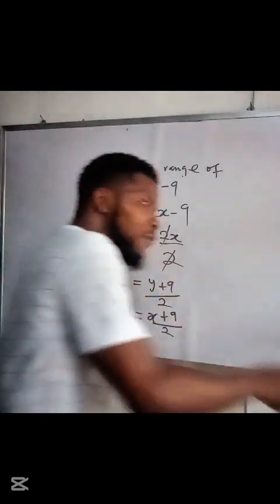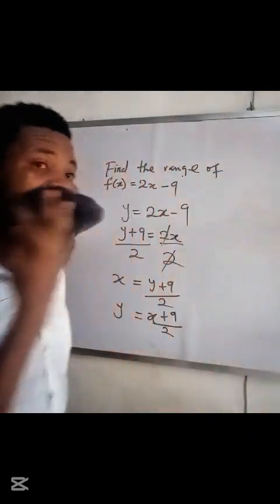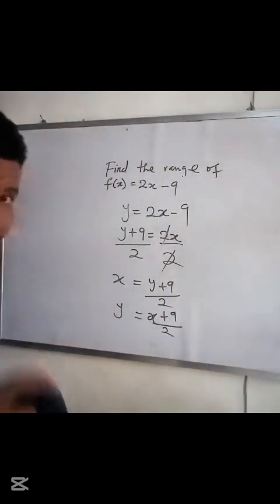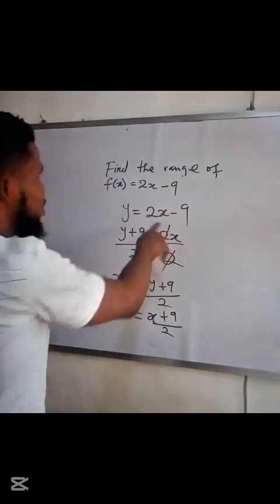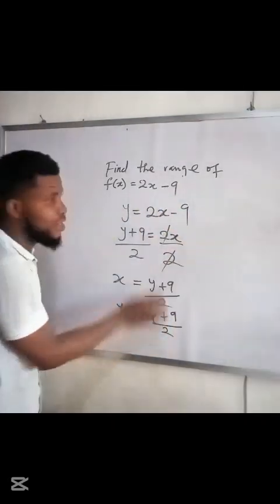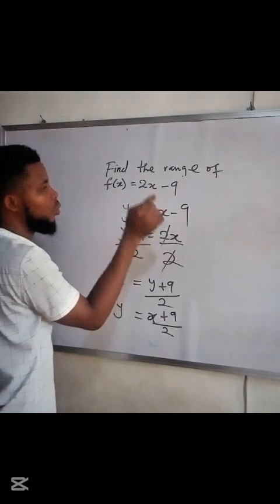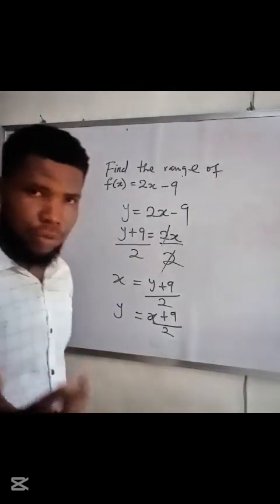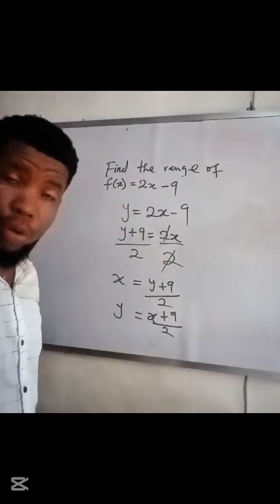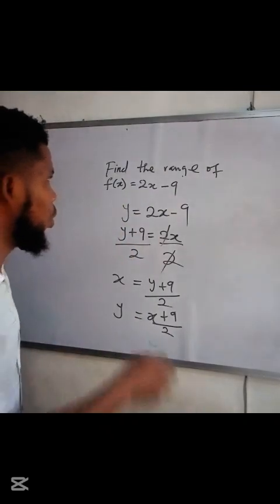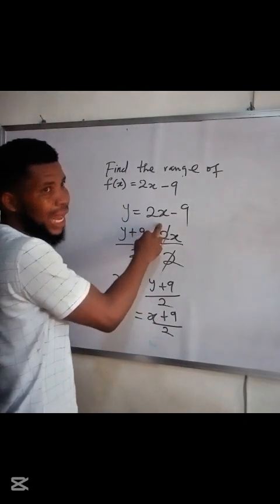So the domain of this reverse is now the range. You understand? If you do not reverse it, let's say we do not reverse it, this one now, what is the number that will produce 0? There's no number that I can put here that will produce 0.